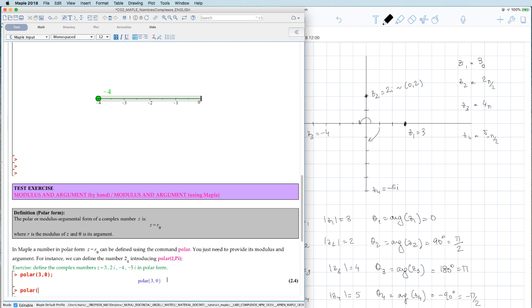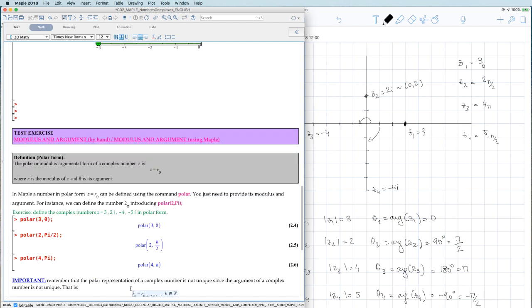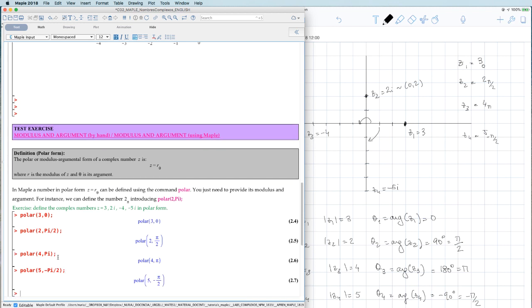The second one, Z2, is going to be 2, pi over 2. The third one should be distance 4. Remember that the distance, the modulus, should always be positive, pi. And the last one would be distance 5, argument minus pi over 2. This would be the way to define a number in polar form using Maple.